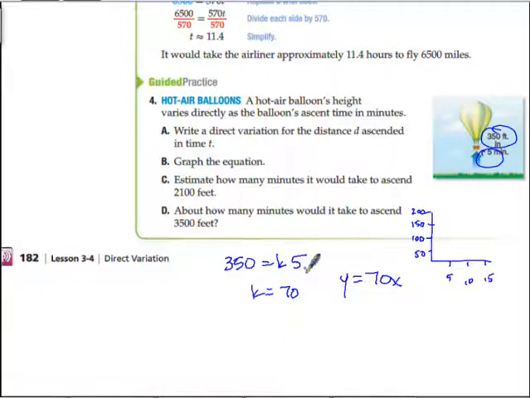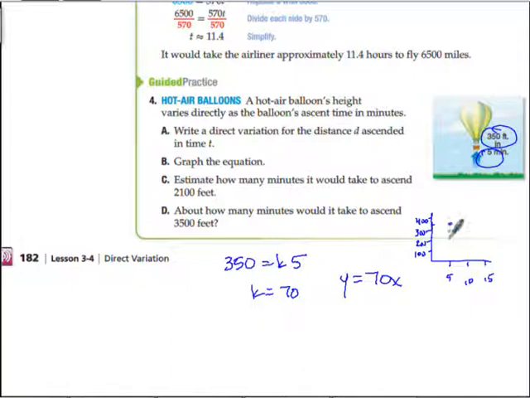Actually, I need to make my numbers way bigger, so let's say 100, 200, 300 and 400.